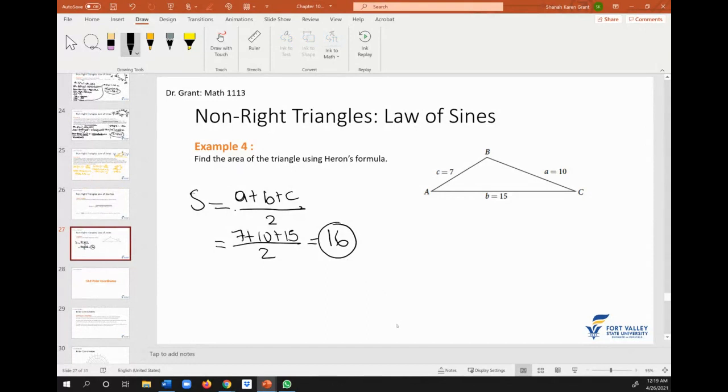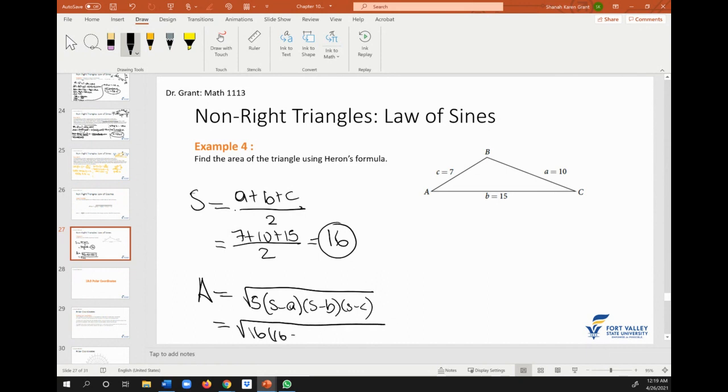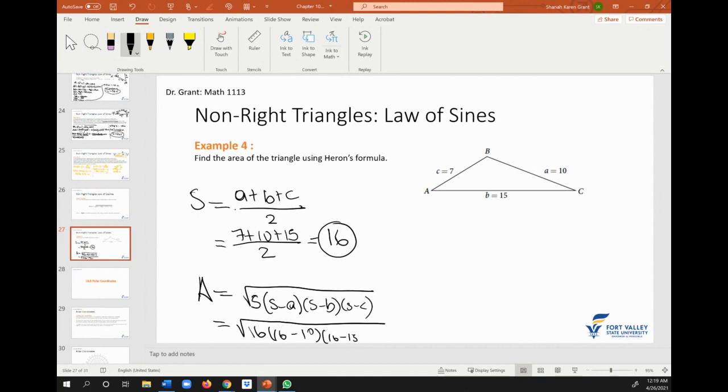All right, and so now what we're going to do is plug this into Heron's formula. So the area equals the square root of S, I'm just going to rewrite it, so this is going to be the square root of 16 times 16 minus 10, times 16 minus 15, times 16 minus 7.